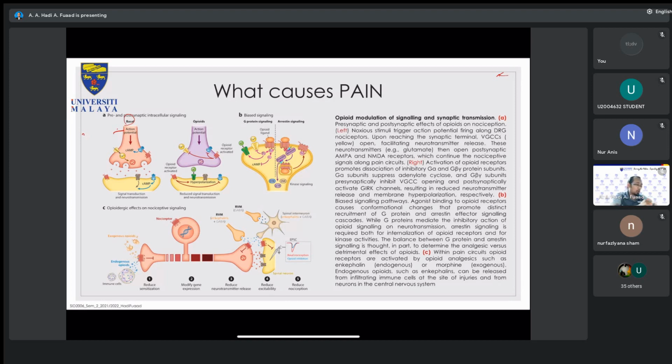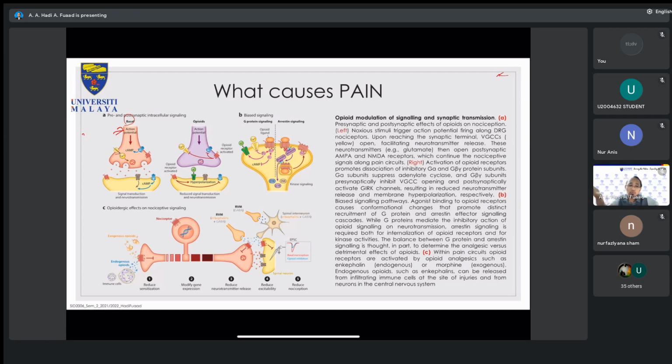In the normal scenario on the left-hand side, where you have an action potential, when it reaches the dendrites, the potential that is being carried activates calcium channel influx into cells, cyclic AMP production and synthesis, and therefore release of neurotransmitter.